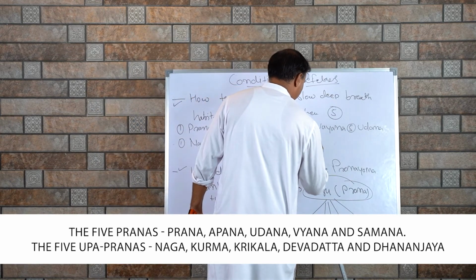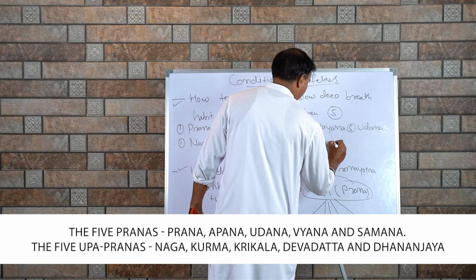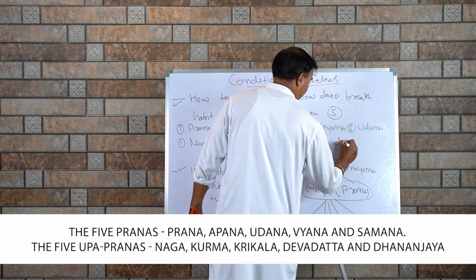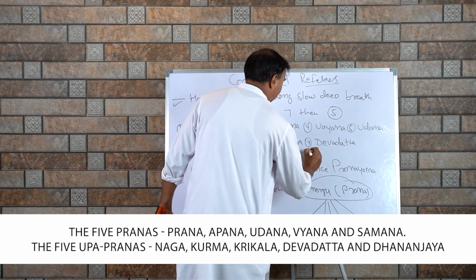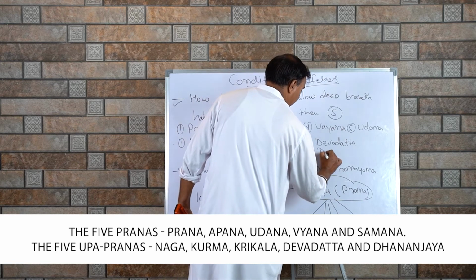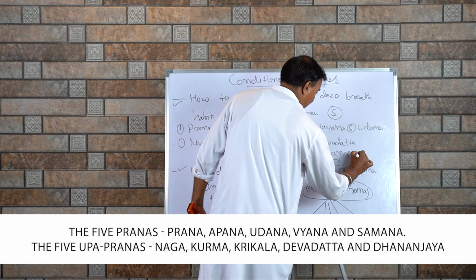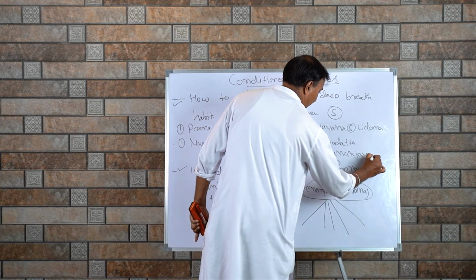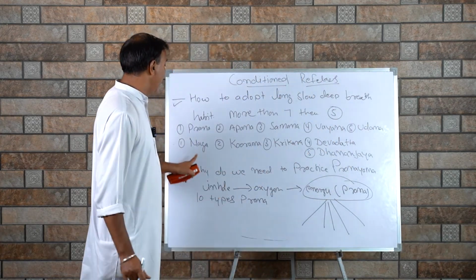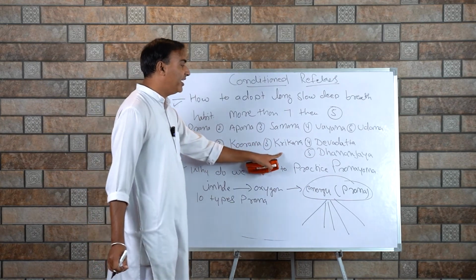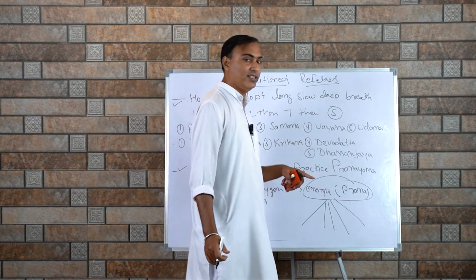Number 4 is Devadatta. And finally, the fifth is Dhananjaya. Naga, Kurma, Krikara, Devadatta and Dhananjaya.